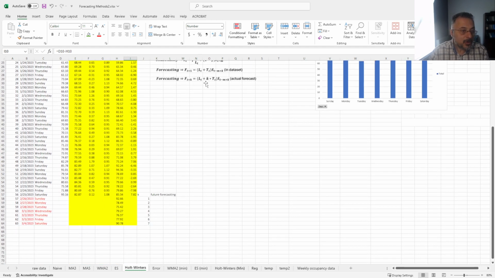Now, the real forecasting, the actual forecasting, is here. This calculation is a little bit different. It's not too different, but a little bit different. What we are doing here is once again using LT and trend, but adding the factor K. What does K mean? K is the future forecasting horizon.